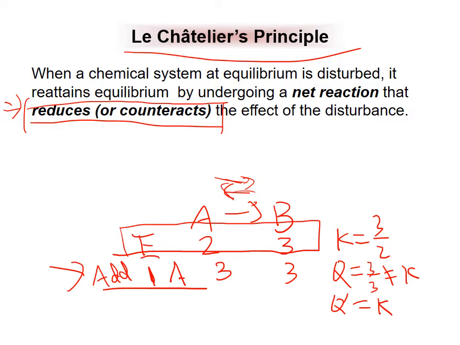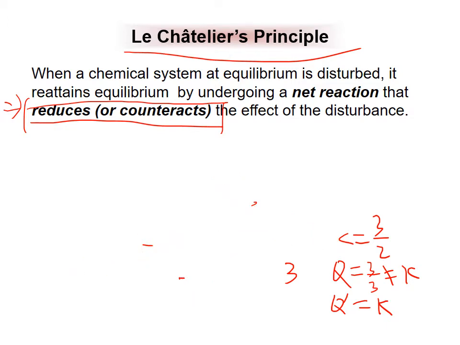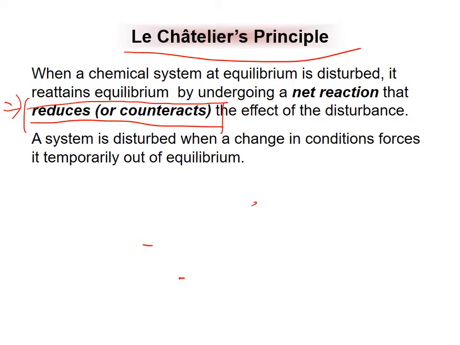But first, let's look at some more concepts. A system is disturbed when there is a change in condition. In our example, the change is adding A concentration. That change in condition forces it temporarily out of equilibrium.